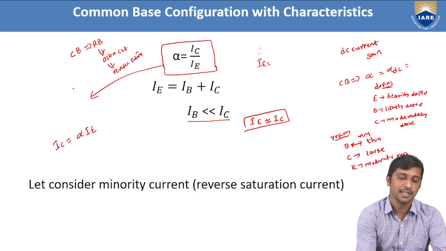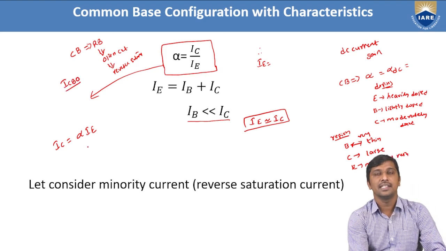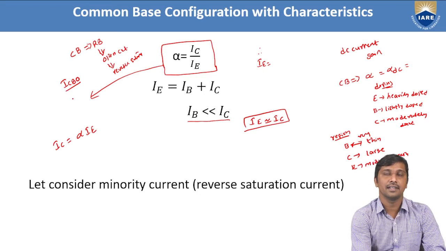That reverse saturation current is represented as ICBO. Here this ICBO indicates that when the collector base junction is reverse biased, it acts as an open circuit. It allows some reverse saturation current due to the effect of minority charge carriers, and that current is represented as ICBO.